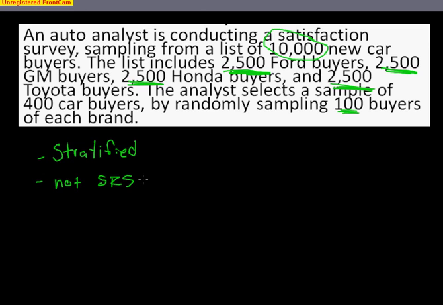Under the current setup of this problem, that group never had a chance to be selected because I was purposely doing 100 from each type of car. So that makes it stratified, not simple random sample, because in a simple random sample, every possible group had to have a chance. Or think of the group of 200 Ford buyers and 200 Honda buyers. Under the current situation of how this problem is set up, that group never had a chance.